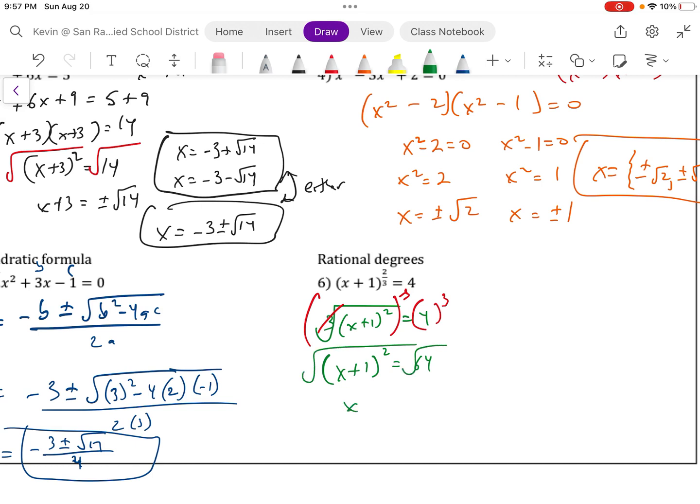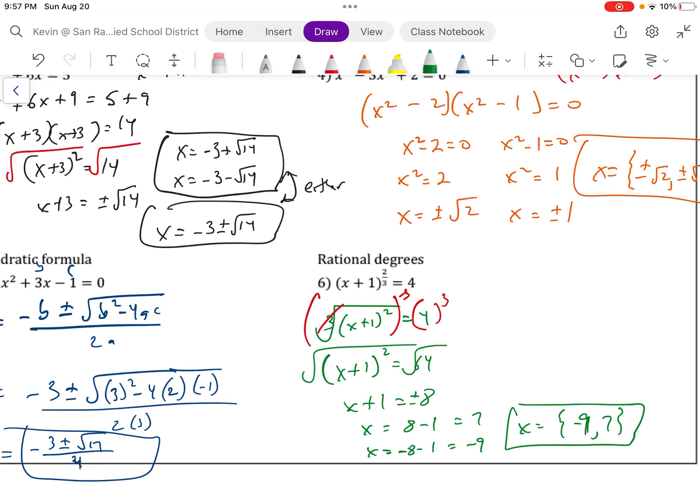Take the square root. x plus 1 equals plus or minus 8. And then x equals 8 minus 1. x equals -8 minus 1. 7, -9. So x equals the solution set -9 and 7.